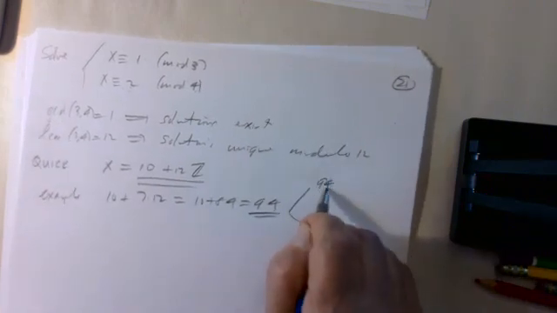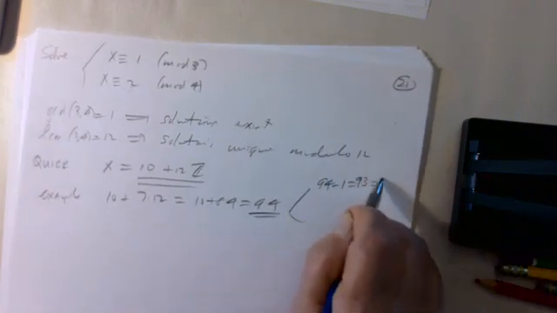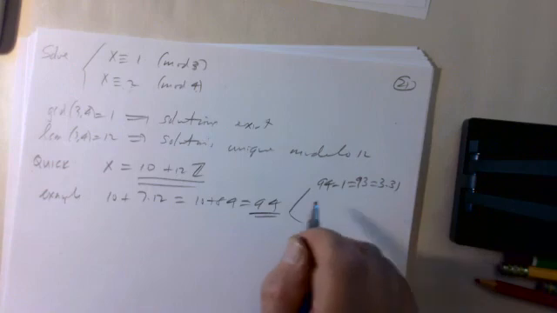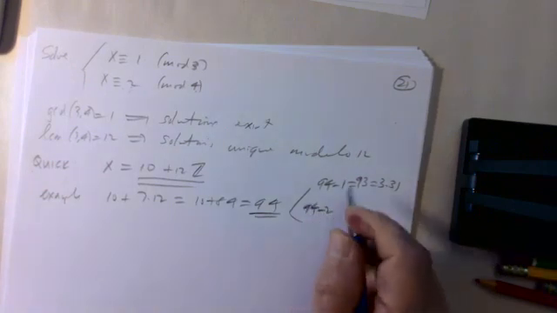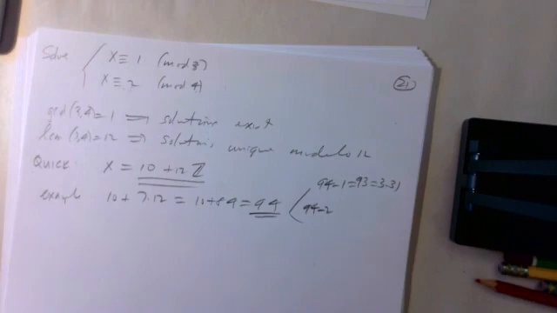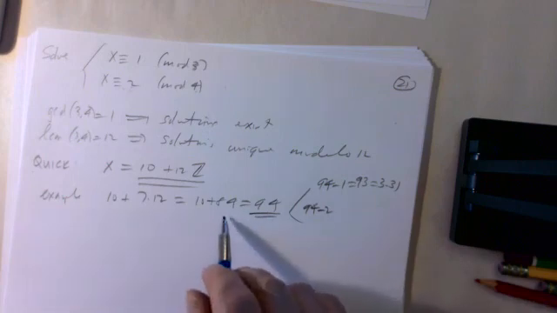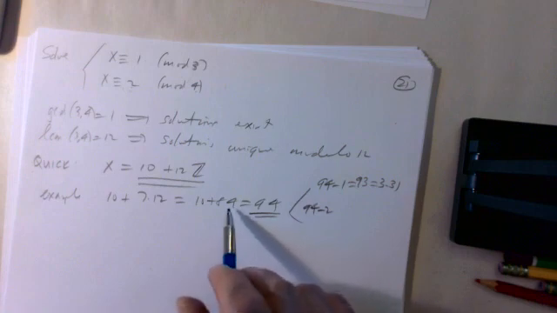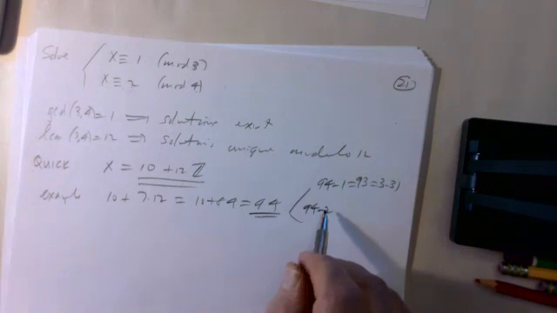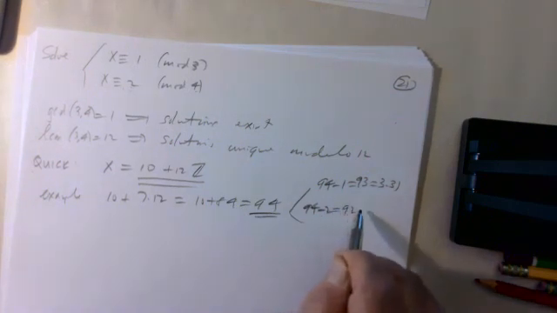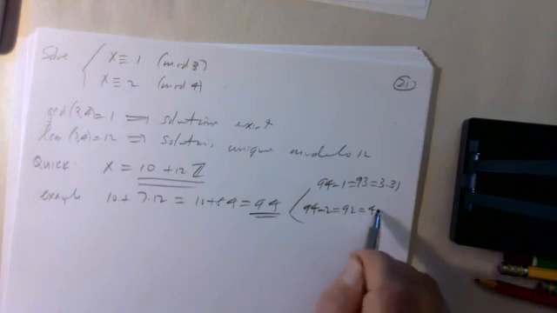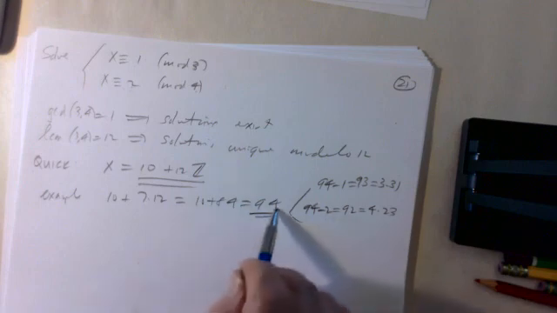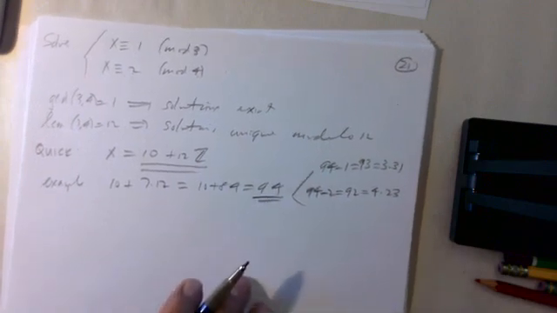Why? 94 minus 1 is 93, which is 3 times 31, so 94 is congruent to 1 mod 3. 94 minus 2 is 92, which is 4 times 23. So it's divisible by 4. So 94 is also a solution.